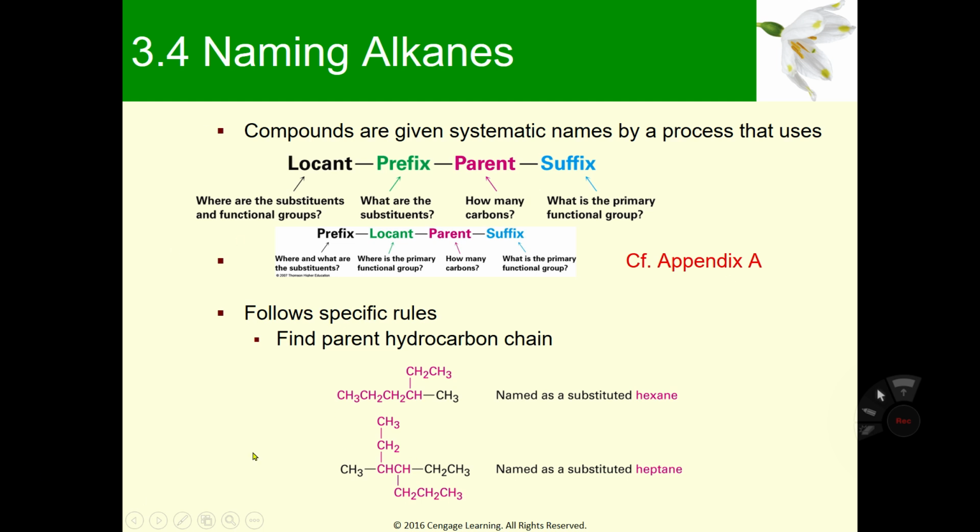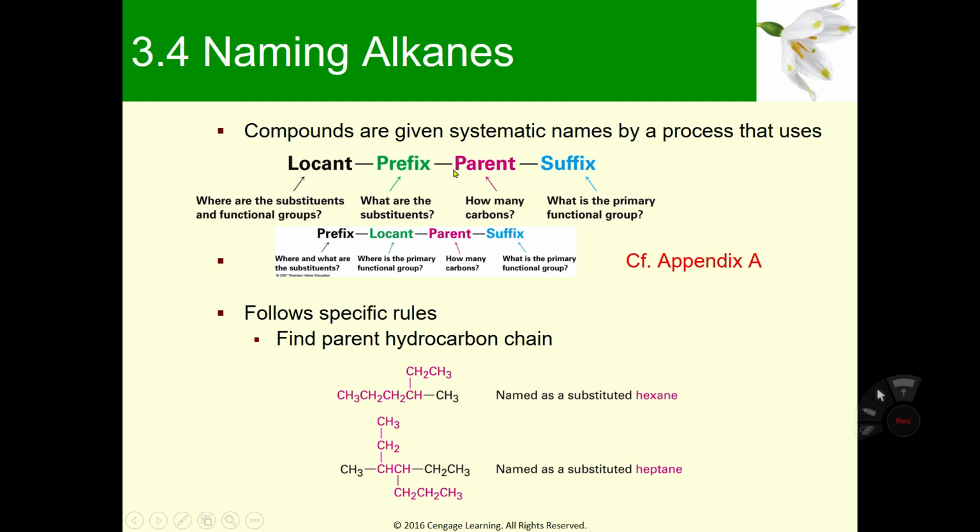How about the other one here? You have to identify the longest carbon chain, and this is the longest. How many carbons do you have? Seven, so it's a heptane, and this CH3 and this CH2CH3 are considered as substituents. So the parent of this will be hept, and it's an alkane, so the suffix will be ane.